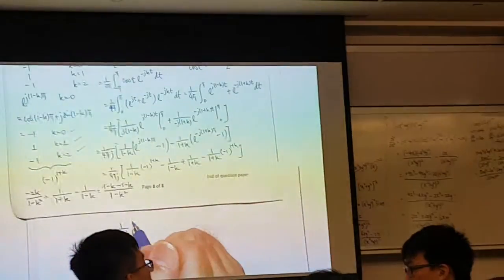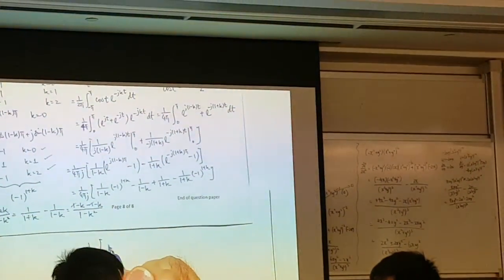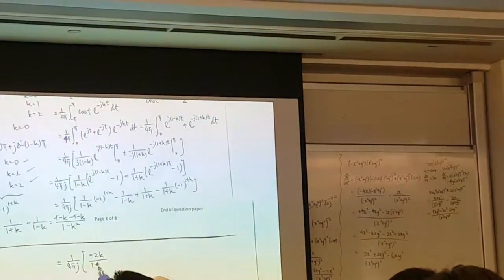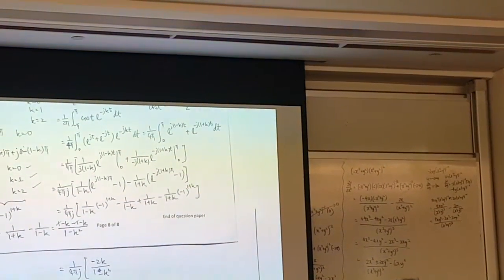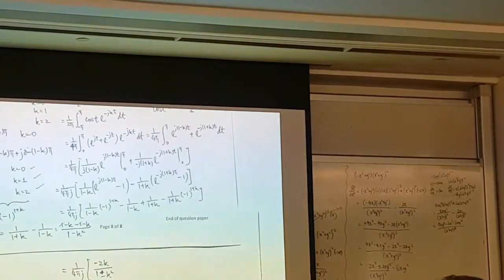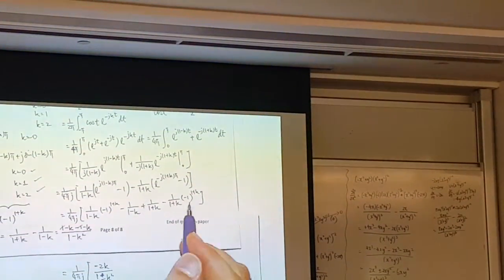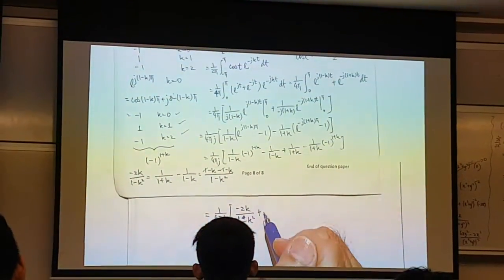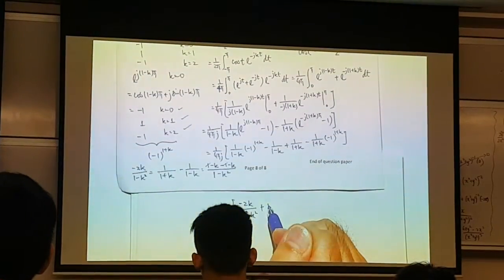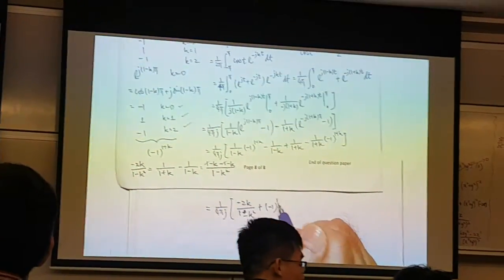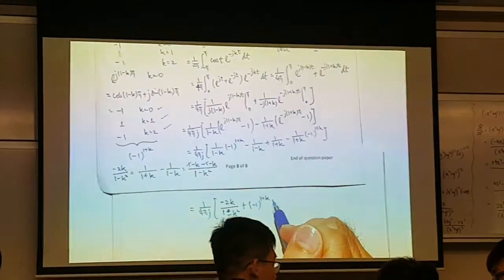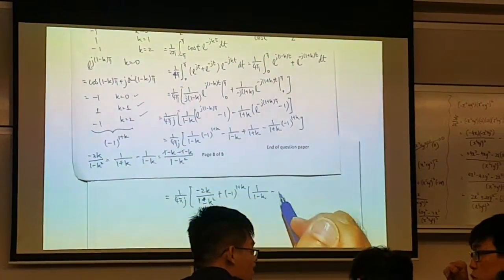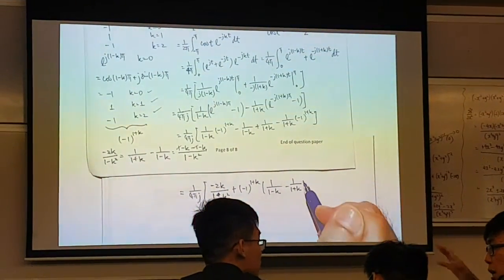The first one we cleaned out is minus 2k divided by 1 minus k squared. And now you also have a common factor that we can work out. This common factor is minus 1 raised to the power of 1 plus k. And then of course, here is 1 over 1 minus k minus 1 over 1 plus k.